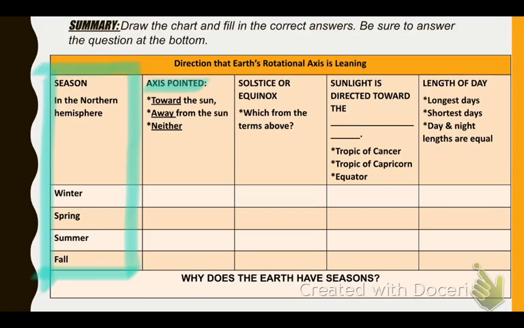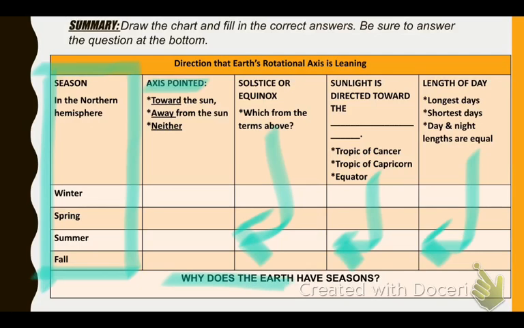For our seasons, you're going to tell me what solstice or equinox goes with the corresponding season. Tell me where sunlight is directed towards during each season. And then the length of the day. Tell me the length of the day during each season.